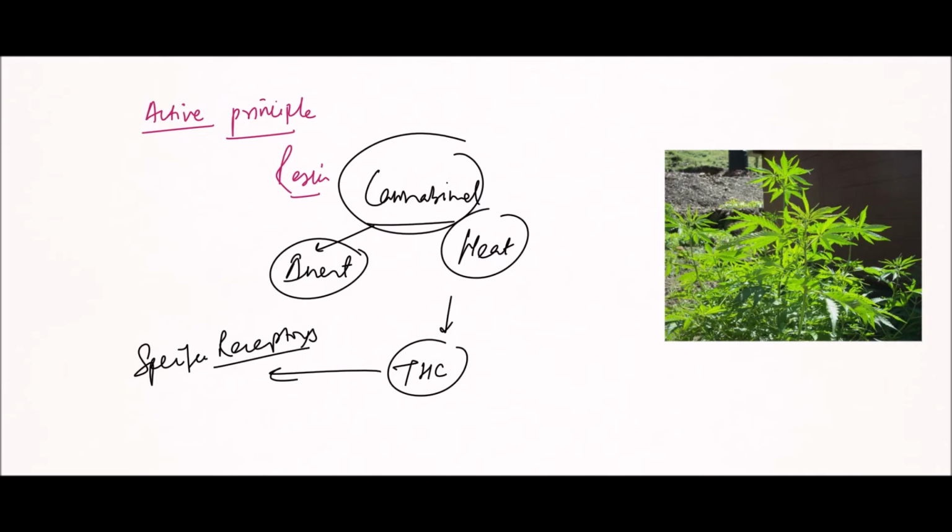Now this THC acts on widely distributed specific receptors in the brain. All parts of this plant contain this active material except the stem, root and seeds.